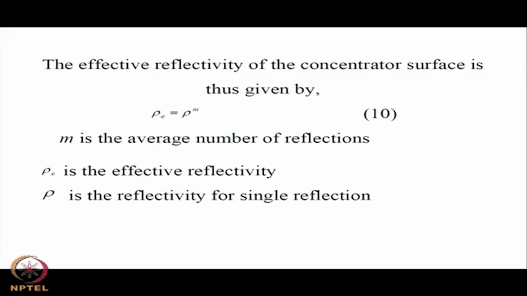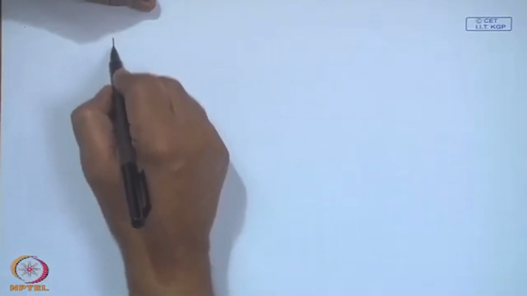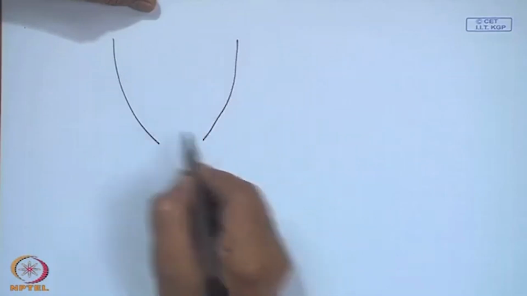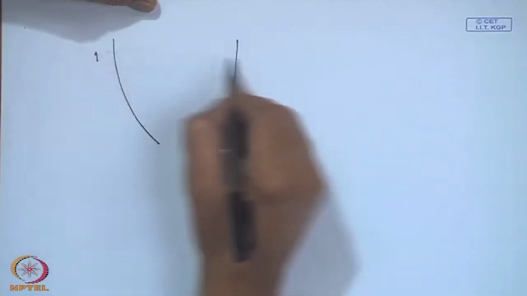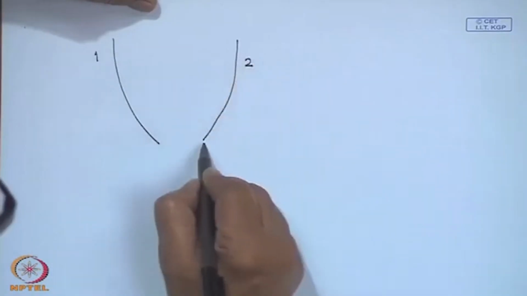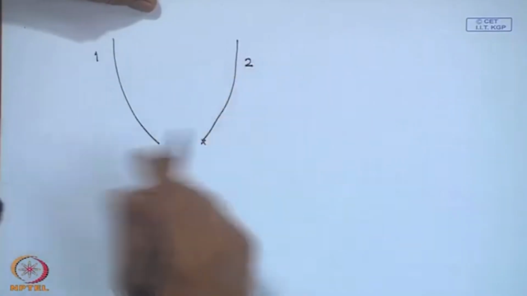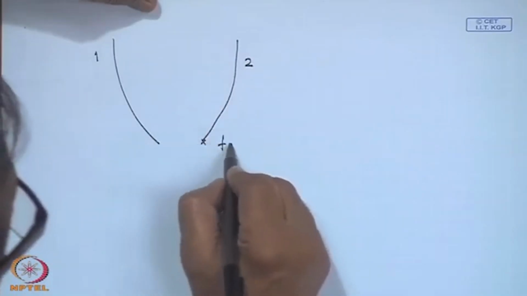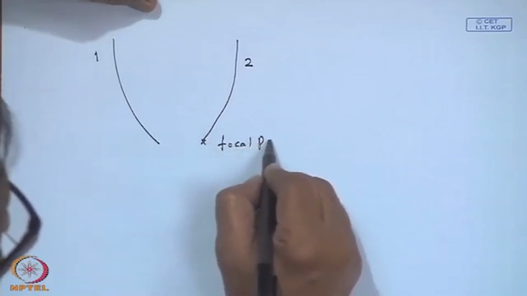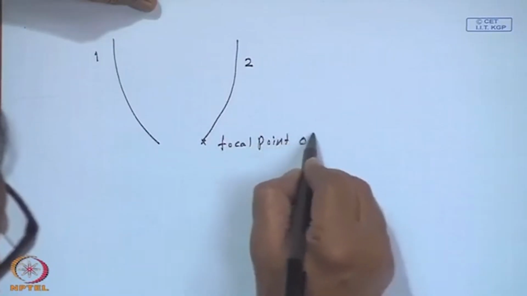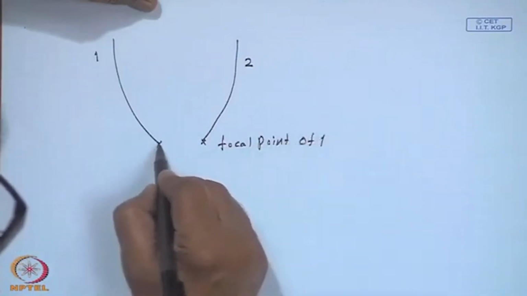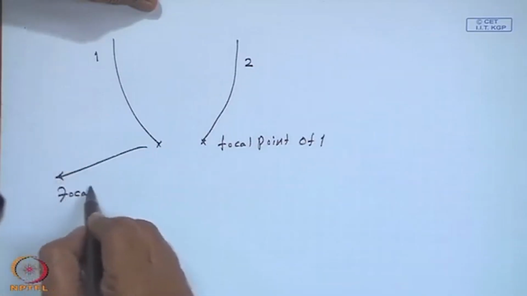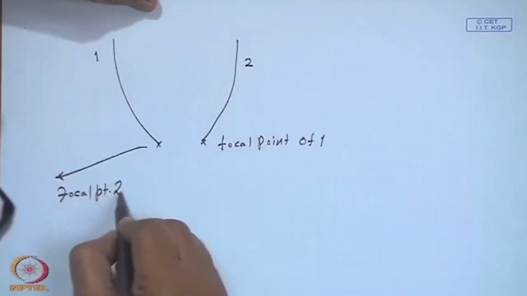Now, you have got a compound parabolic collector. This is parabola 1, parabola 2, it does not matter whether we call them 2 and 1 the other way around. This is the focal point of 1 and this is the focal point of 2.